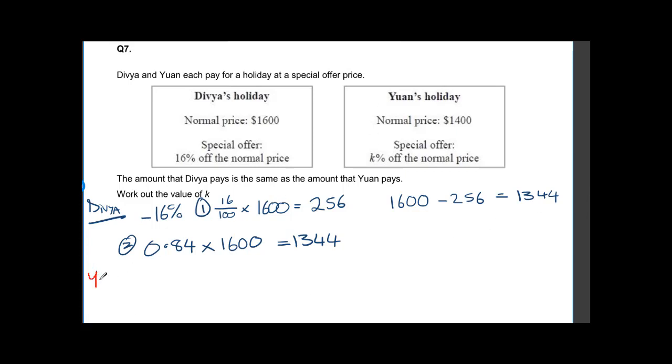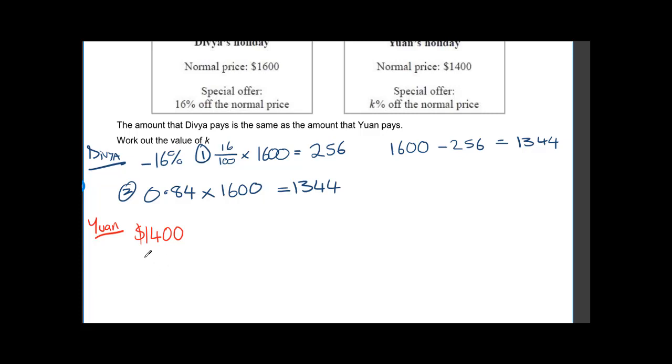Yuan. Normal price 1400. K % off the normal price. Alright. So this is the normal price. Right, there's a very easy way of doing this. I'll show you how to do it. First way, easy way. Well, you know that this is the new price, right?